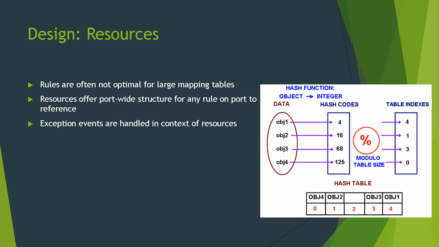Because of this, VFP supports a resource, which is a port-wide structure that allows any rule on a port to reference it. This structure is a generic structure, which supports, in this case, a hash table of mappings. Resources also allow VFP to handle exception events in the context of these resources.